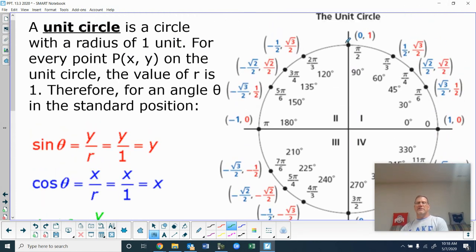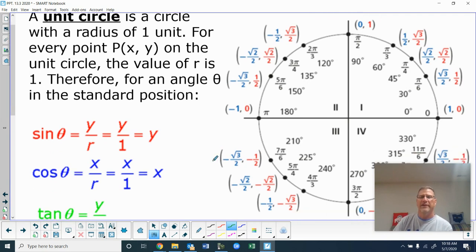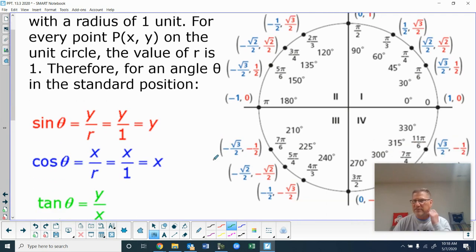Okay, now like we did in the beginning, that section 13.2, I believe it was, I gave you a point, and at that point you would draw a line back to the origin and then straight down to the x-axis, and you would make a right triangle. Okay, so let's just look at 45 degrees, right?